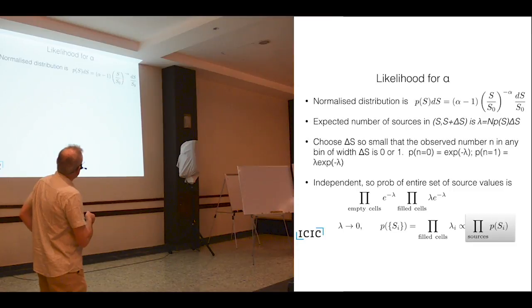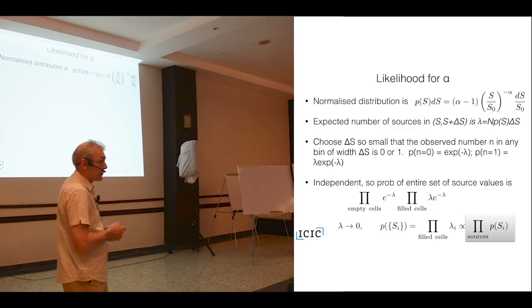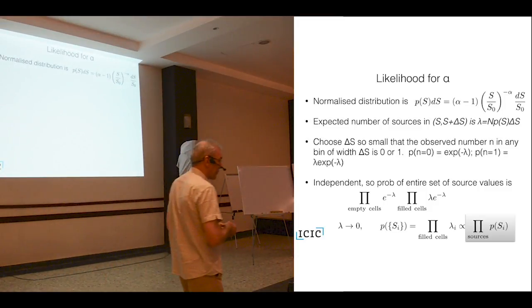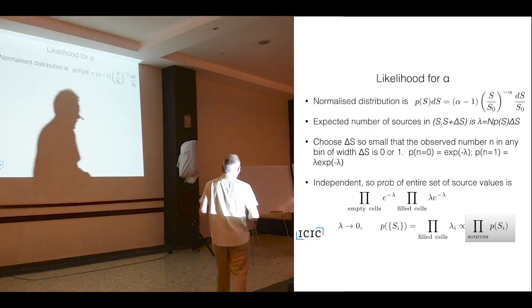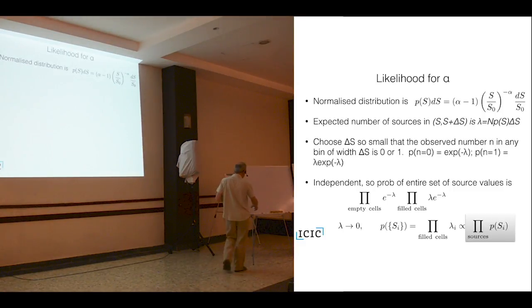I said that the distribution was proportional to S to the minus alpha. The first point is to notice that you have to normalize this distribution properly, because the number that you expect at any flux depends on the slope. So we have a distribution which, in terms of log S and log N, is a power law with a slope of minus alpha.